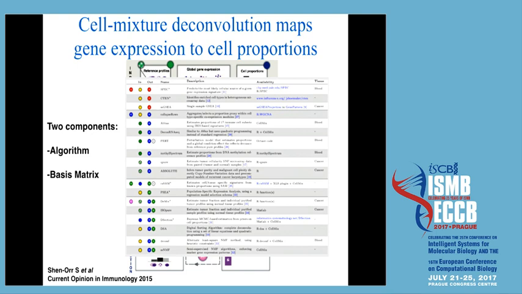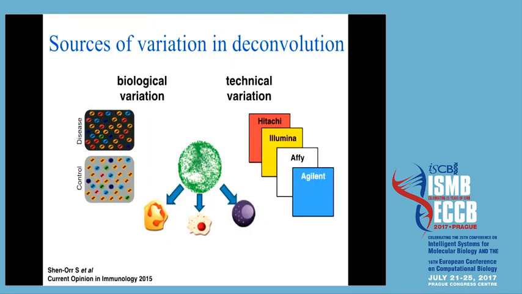If you have these two components, you can go crazy, download every publicly available data set and deconvolve them and basically have new biology with a large sample size. This sounds easy, but there's a caveat. When you're looking at publicly available data, it comes at a price, and the price is its enormous variation.